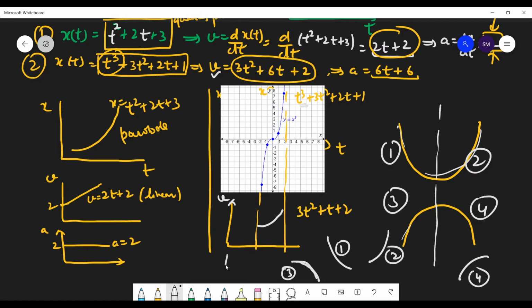Now again you will find the slope, so the degree will be reduced by 1 again, and that is 6t. So the graph of this is a straight line. Is this clear?